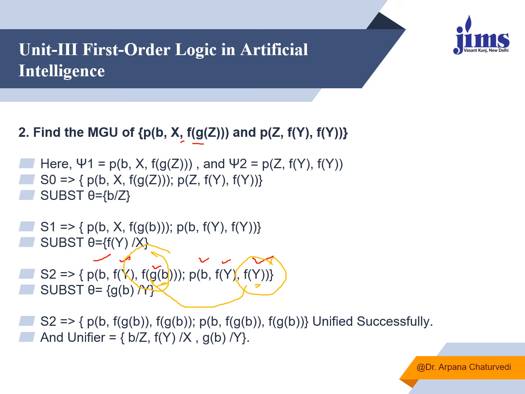So now when we substitute, we see that we have unified the entire expression, and the resultant expression is P, B, fgb, fgb. We have unified it successfully, wherein we substituted Z with B, X with fy and Y with gb. So in such situations, unification can be successful.